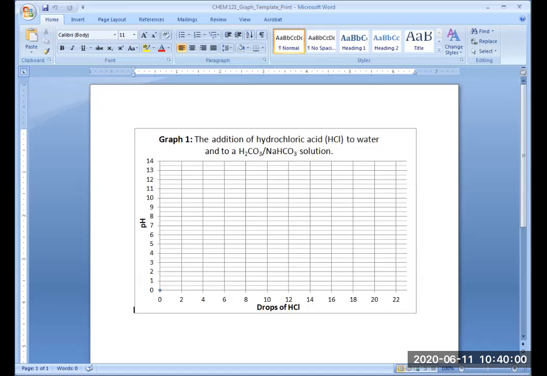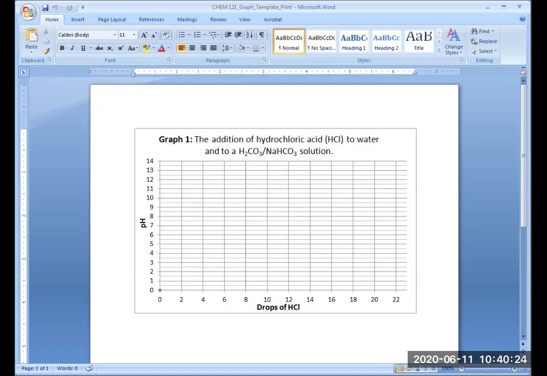So it's all ready for you to use. The only thing you need to think about is that for the two curves, it would be nice to have two different colors, or two different symbols for the dots that you add, a cross or a dot, but make them different so that we know which curve is which. And then you need to label each curve.